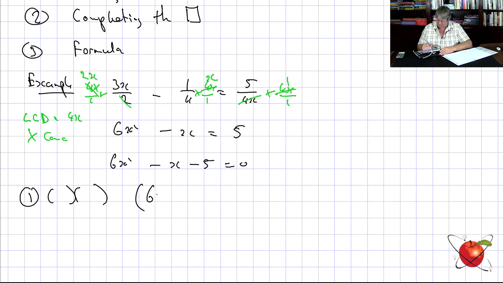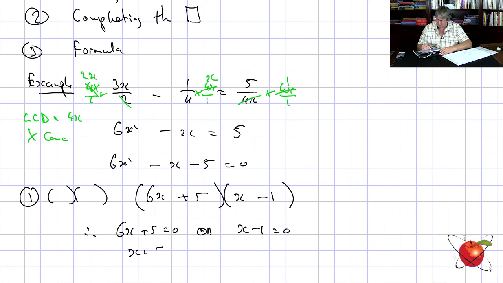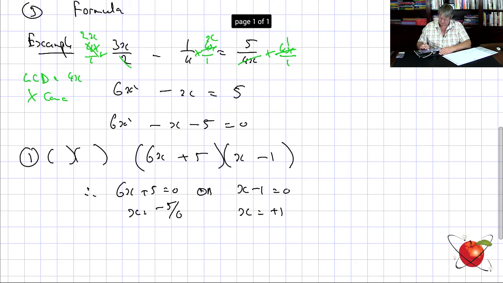So that's a 6x, and over here, that's going to be an x, that's going to be plus 5, that's minus 1. Therefore, we say 6x plus 5 equals 0, x minus 1 equals 0, and therefore x is going to be minus 5 over 6, or x is equal to plus 1. That's using the good old factorizing.